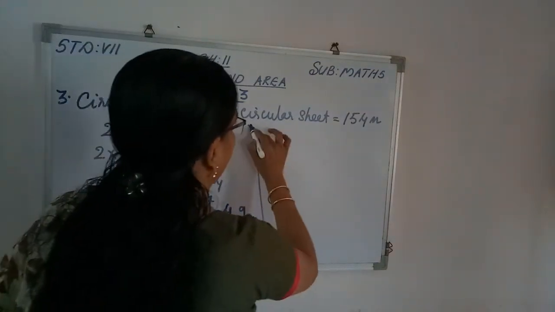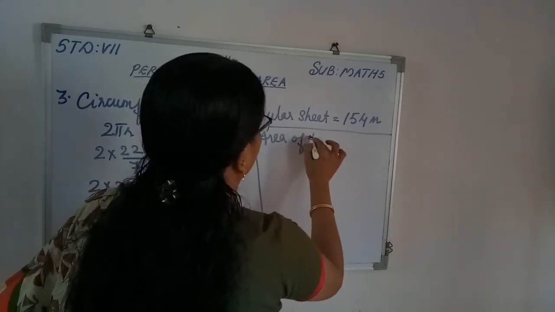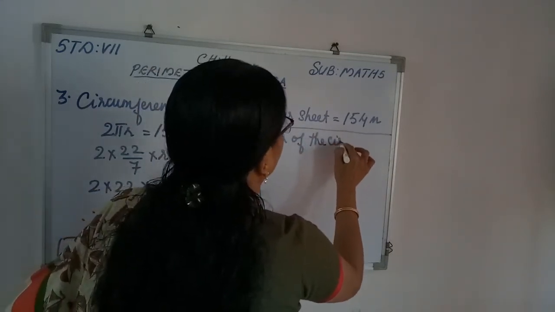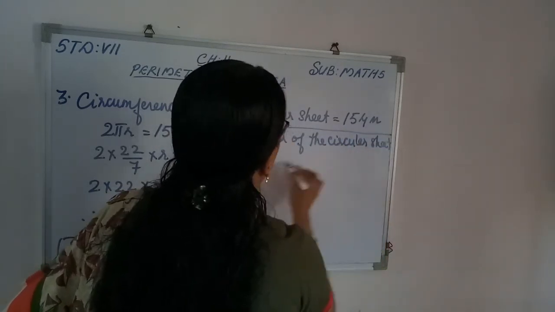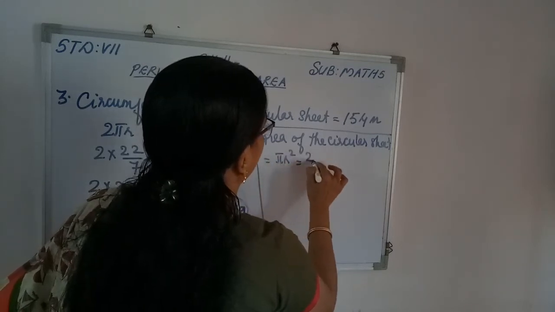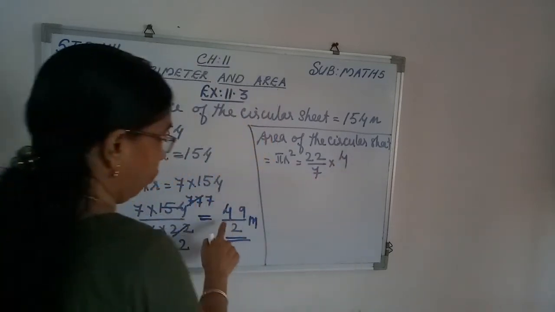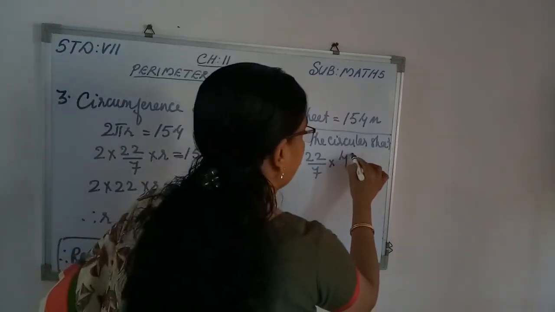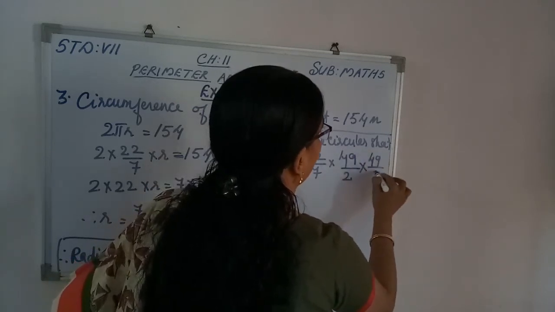Area of the circular sheet. Area of the circular sheet is equal to pi r square, that's equal to 22 upon 7 multiplied by r square, 49 upon 2 the whole square. 49 upon 2 multiplied by 49 upon 2.